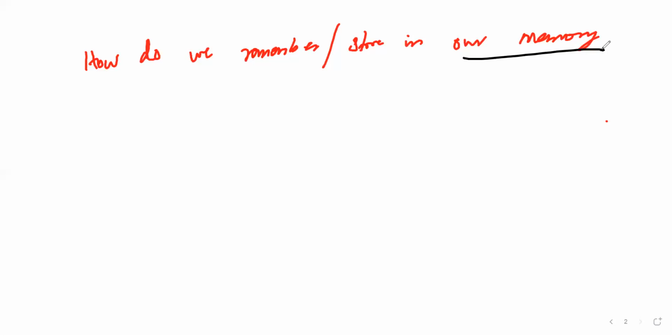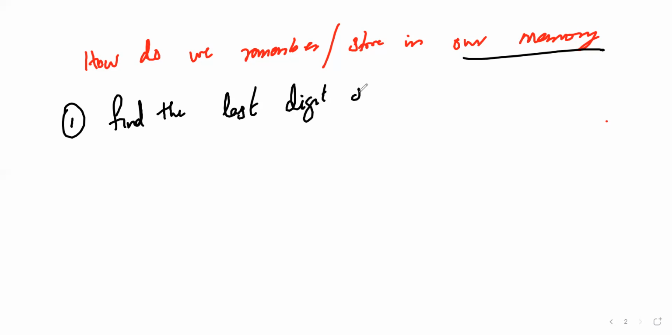For example, first question: find the last digit of 2 power 5. Can anyone tell me the answer fast? Last digit of 2 power 5.